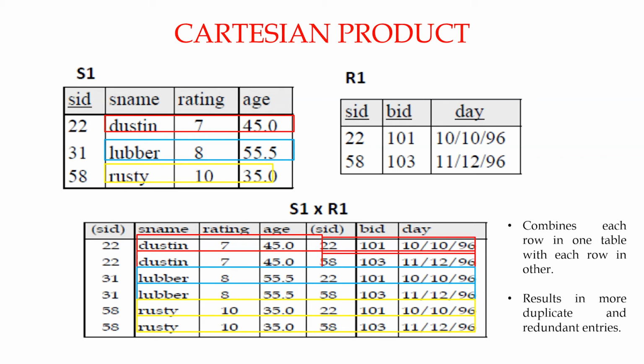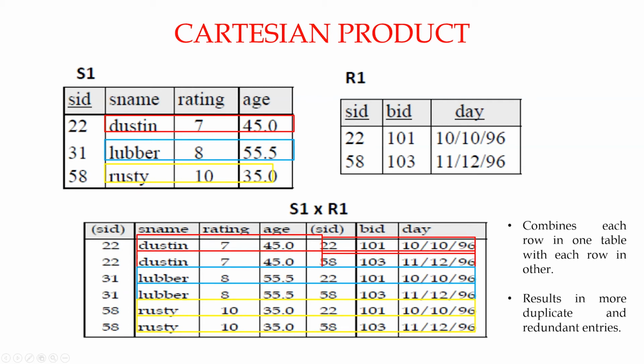Next one is Cartesian product. In the Cartesian product, the resultant table combines each row in one table with each row in the other table. Just like a multiplication, how we perform it with numerical matrices, the same happens in the Cartesian product. So, you can see 22, Dustin, 7, 45.